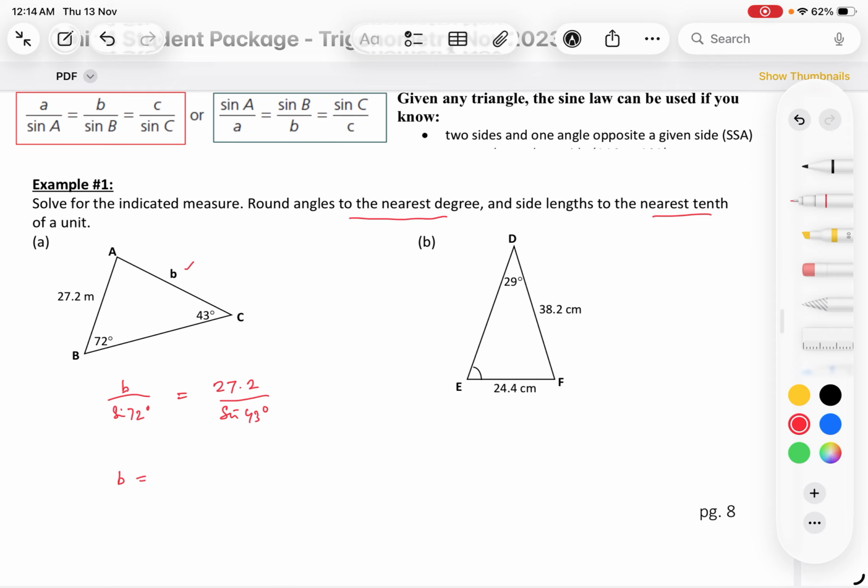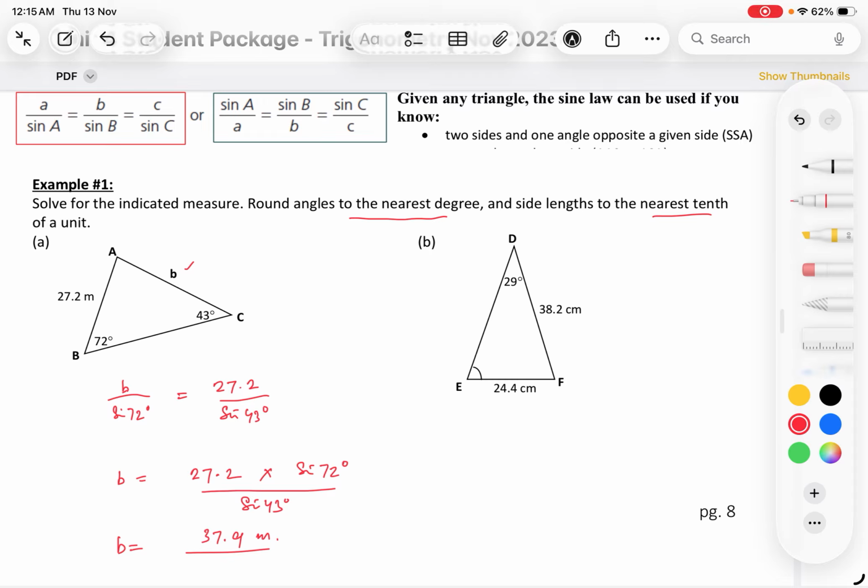Therefore, b is equal to 27.2 multiplied by sine 72 degrees divided by sine 43 degrees. Let me use calculator: 27.2 multiplied by sine 72 divided by sine 43. It gives you 37.9 meters.